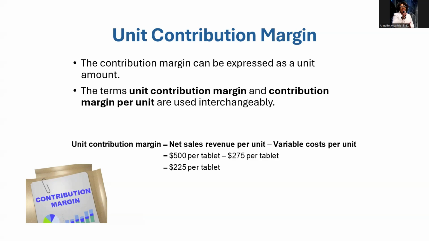Here in this example, the unit contribution margin is equal to net sales revenue per unit minus variable costs per unit. You have $500 per tablet minus $275 per tablet equals $225 per tablet.